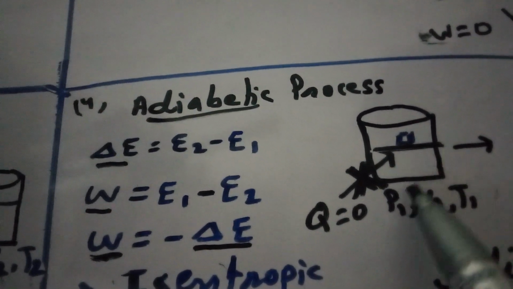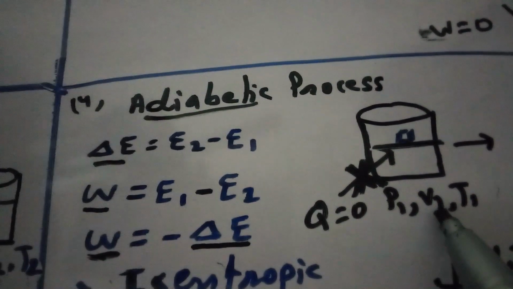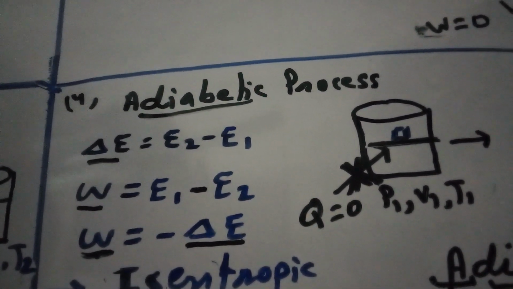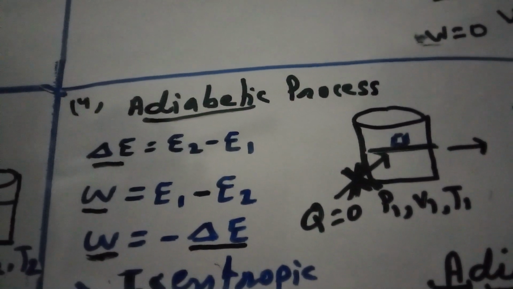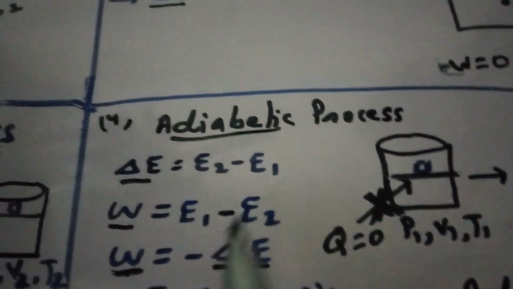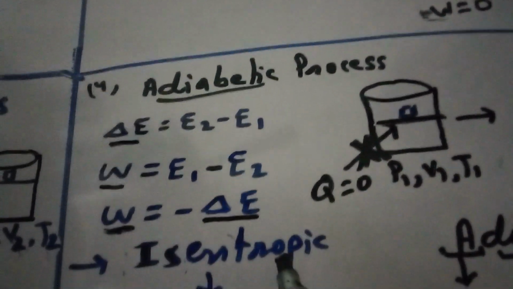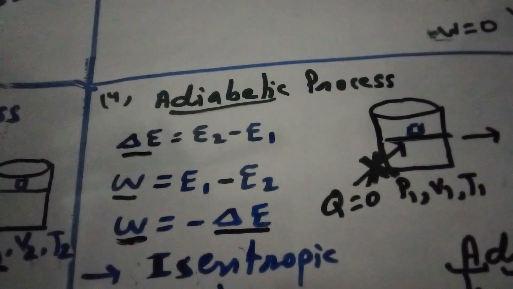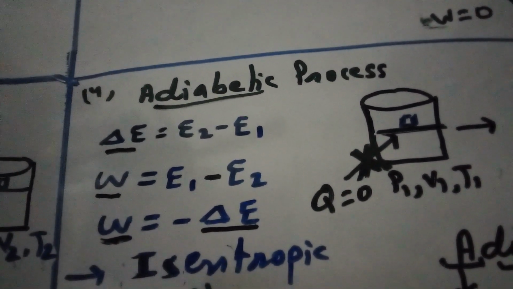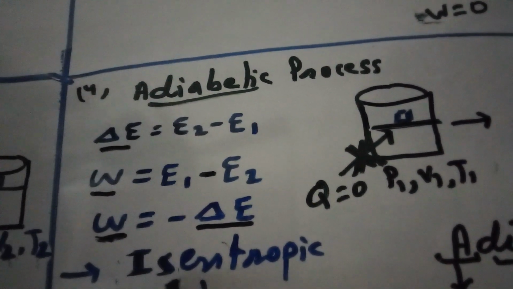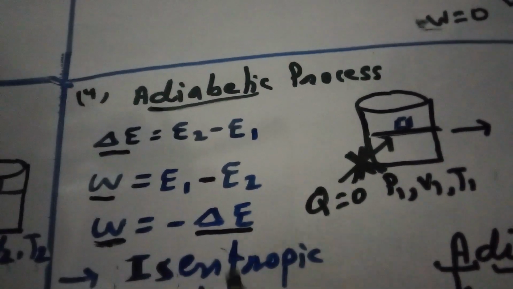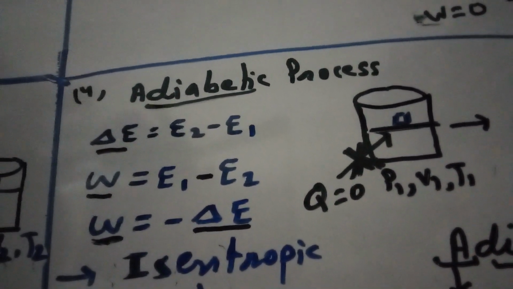This is a container with P1, V1 and temperature T1, and this is P2, volume and temperature. The adiabatic process is also known as isoentropic, which can be written as isentropic, because the entropy for this adiabatic process is the same.